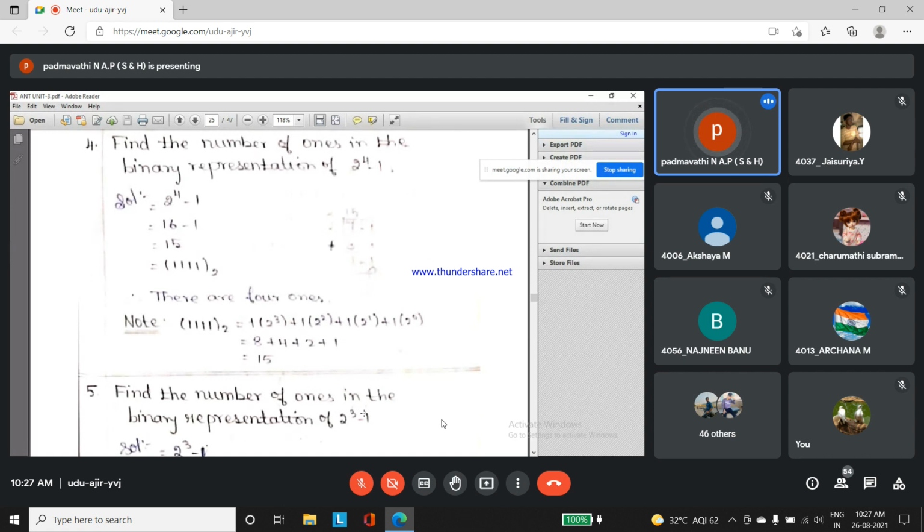Find the number of ones in the binary representation of 2 power 3 minus 1. First convert it to binary. Binary digits, binary number.